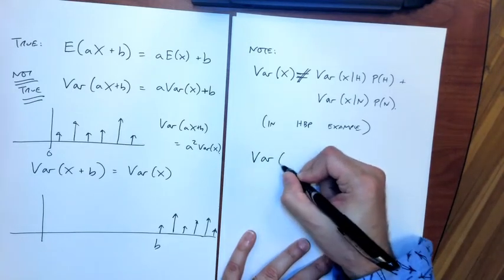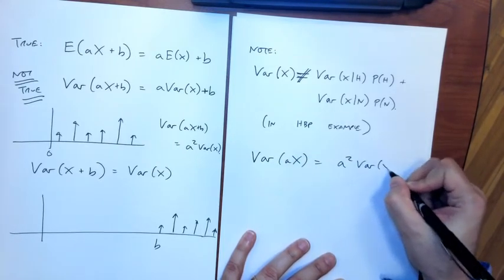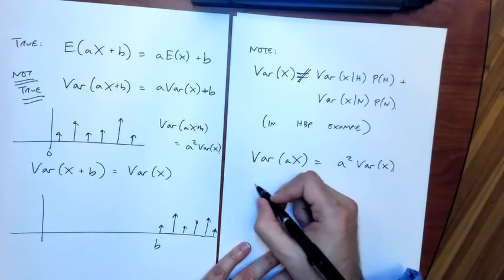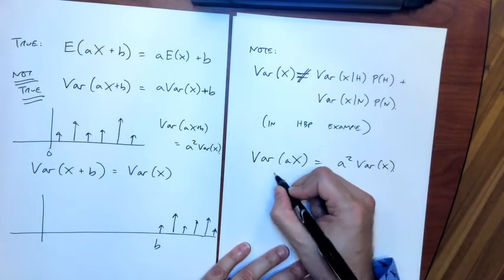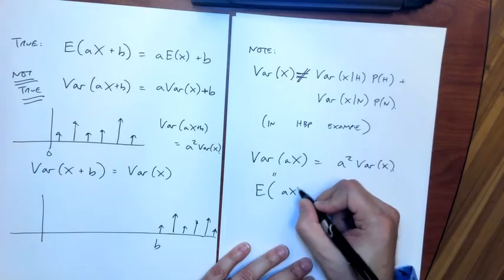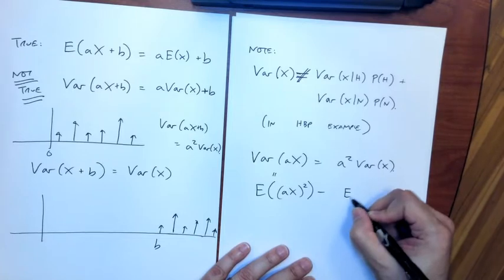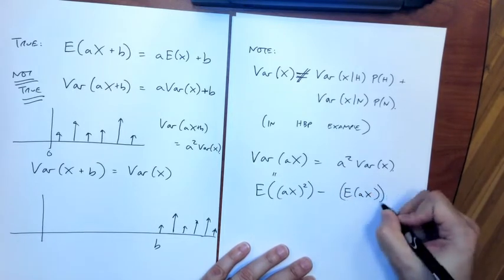The variance of a times x is a squared times the variance of x, right? Let's think about why that is. The variance of ax is the expected value of ax squared minus the expected value of ax, squared.